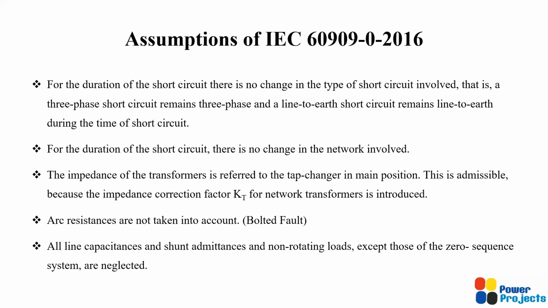But the standard assumes there is no change in the type of short circuit. That means if there is a 3-phase fault, it occurs as a 3-phase fault. If it is a single line to ground fault, it occurs as a single line to ground fault, and that remains the same type of fault till the fault is cleared. That's the major assumption of IEC 60909.